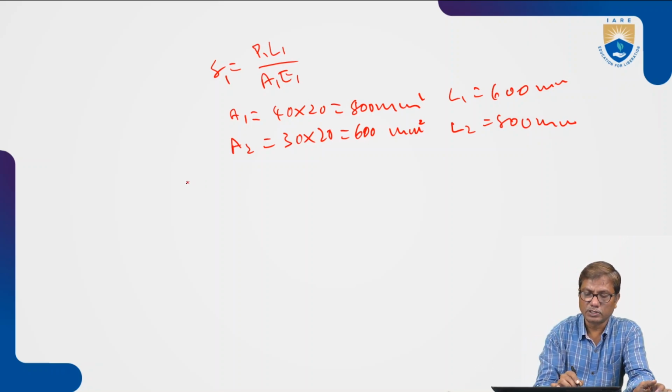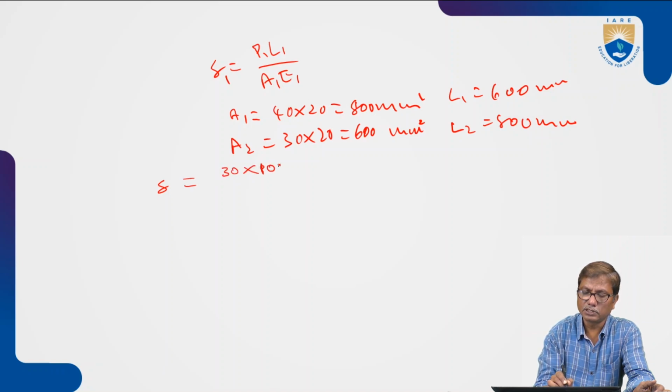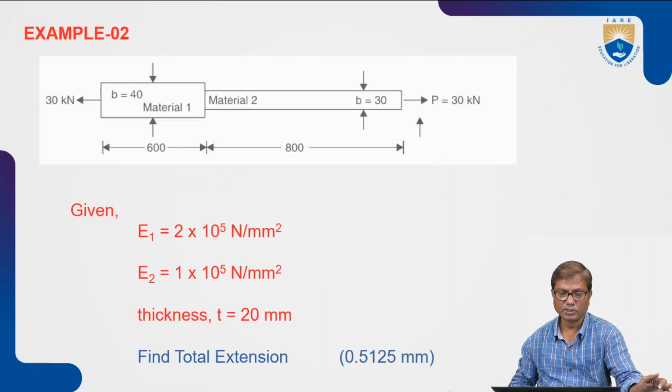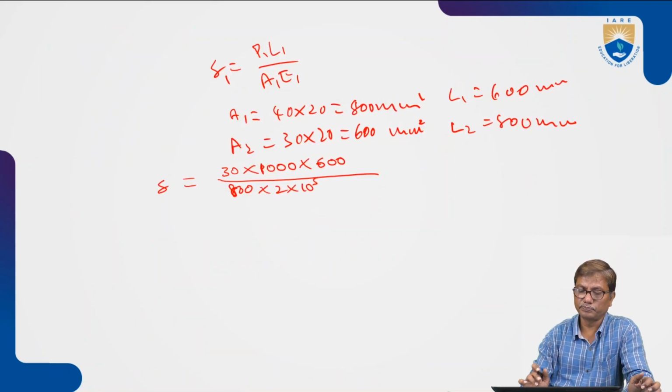Okay. Young's moduli are also given, E1 E2. So delta 1 is equal to P1 means 30, convert it into newtons, into L1 600 by A1 800 into E1, 2 into 10 power 5. E2 is 1 into 10 power 5.